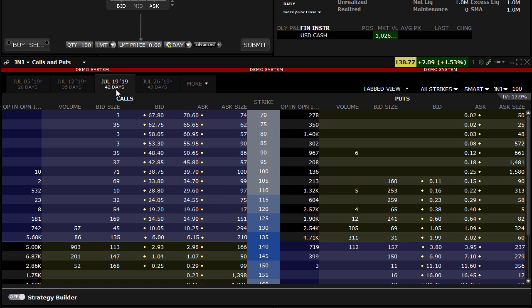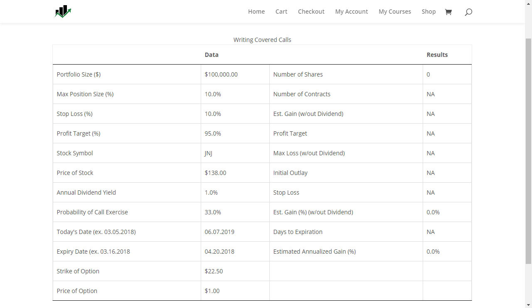We have our July 19 option, and we're going to sell the 140s, which are 2.93. The stock price is about 138.75, the strike of the option is 140, and the price is 2.93.